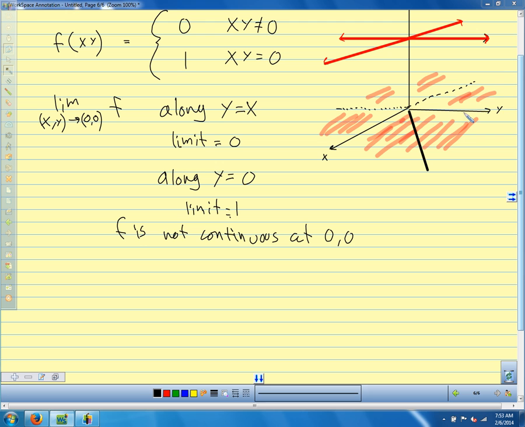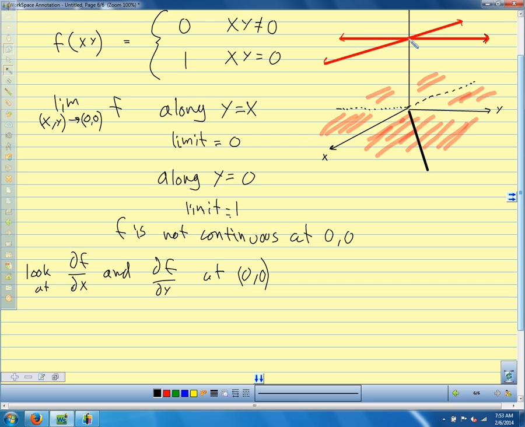And now let's think about df dx, our partial with respect to x, and our partial with respect to y. What is the slope? We think of the partial as the slope of a curve on the surface. So what is the slope of the curve along the line x equals 0? What's the slope? 0.